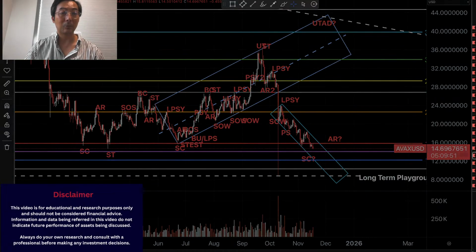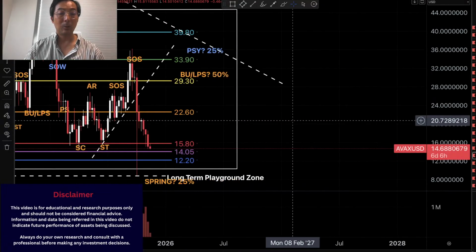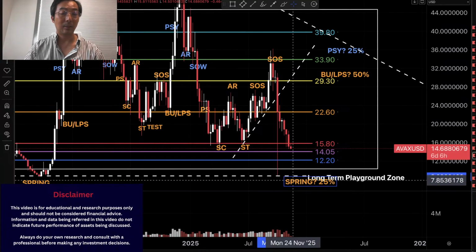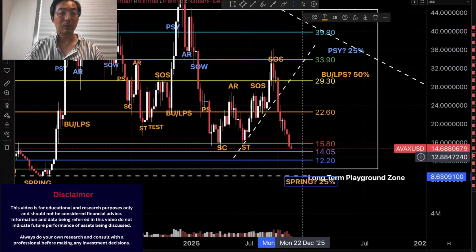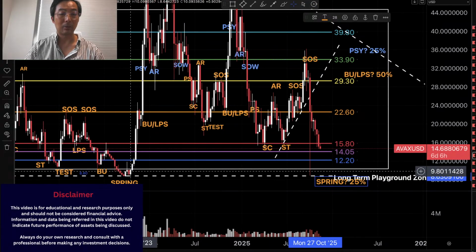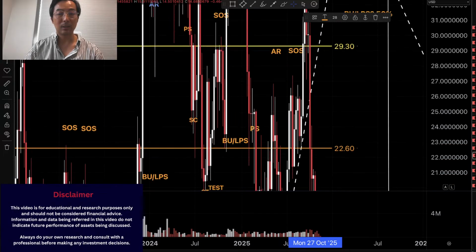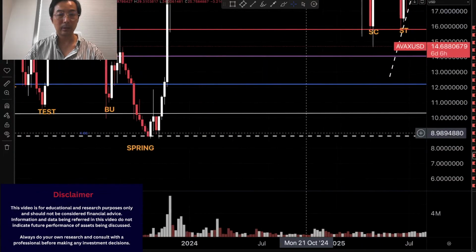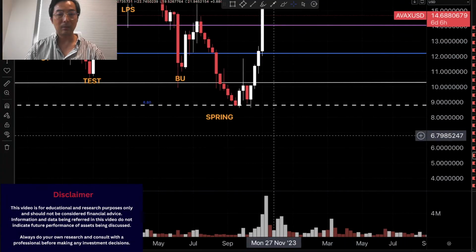And by looking at the weekly chart, I hope we are really getting very close to the end of the accumulation, and we'll see some kind of horizontal trading like what happened back in 2023. Let me enlarge it, because if you're watching on a mobile, that will be very difficult to read. Okay, here, that's what I'm saying.